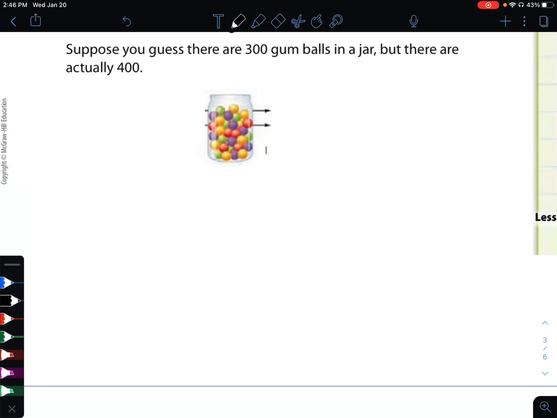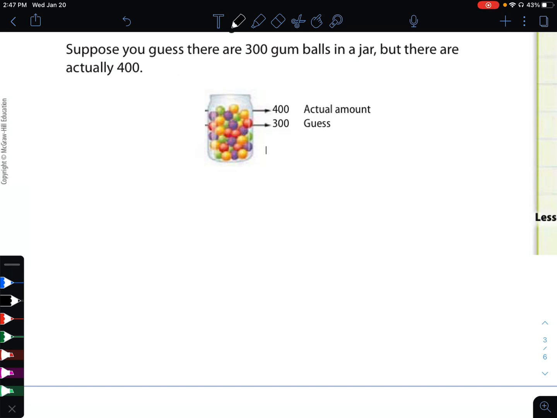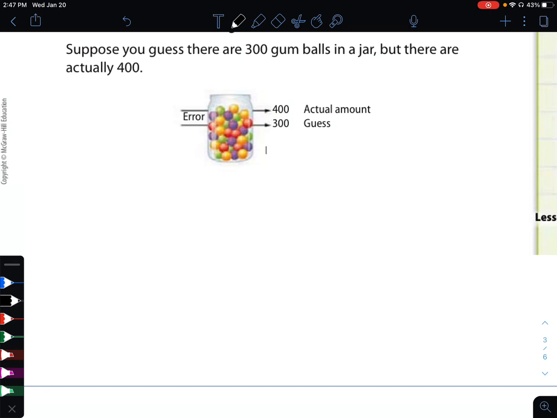That means if you subtract 400 minus 300, that will be your error. So your error is the difference between 400 minus 300.